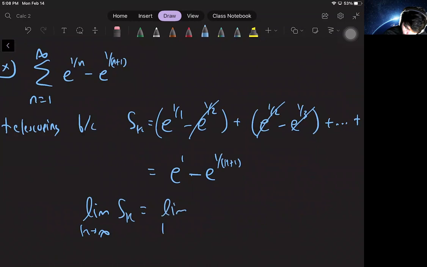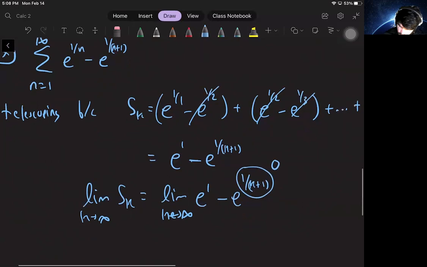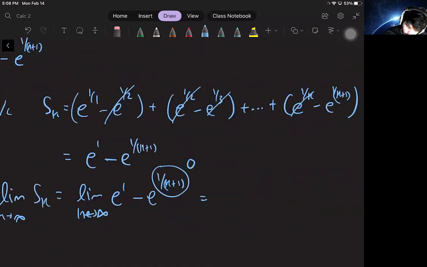And what do we get here? Well, e to the 1 is just e to the 1. This guy, same idea, is going to go to 0. So it's going to be e to the 1, which is just e, minus e to the 0, which is 1. And so you get that.